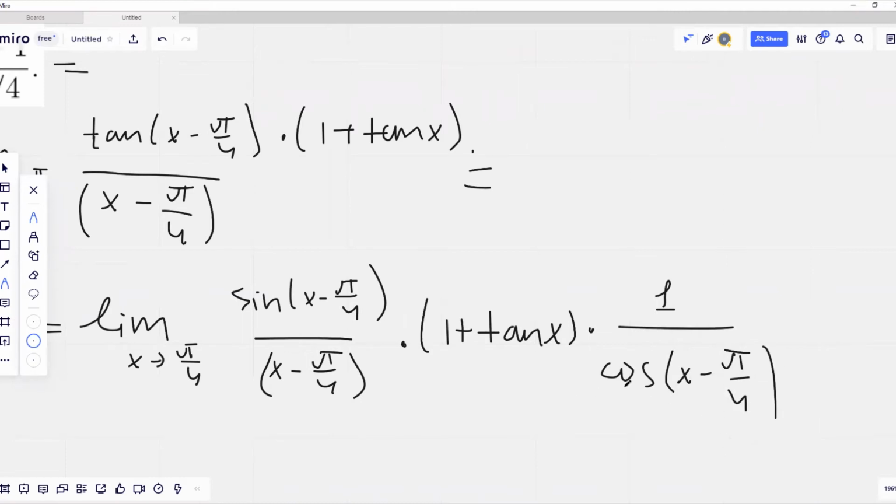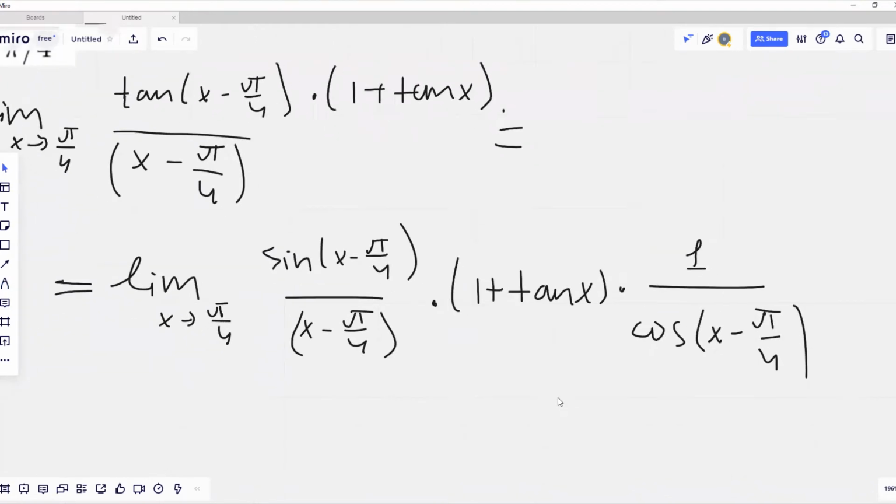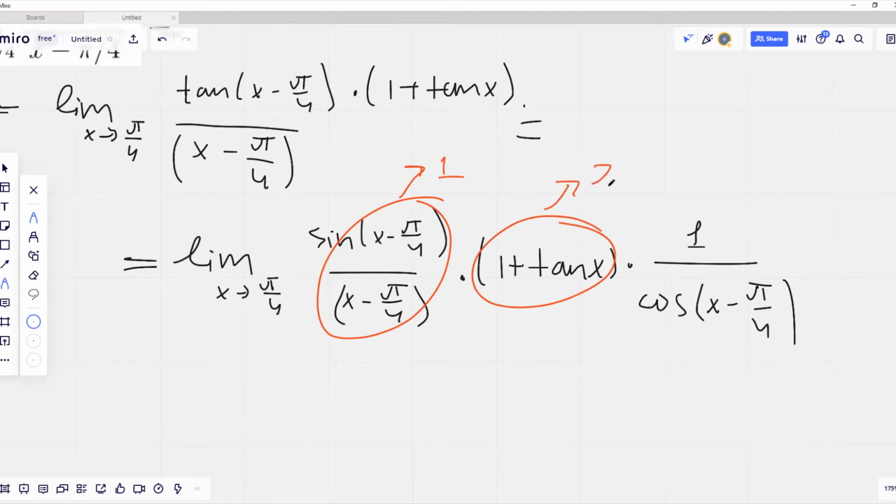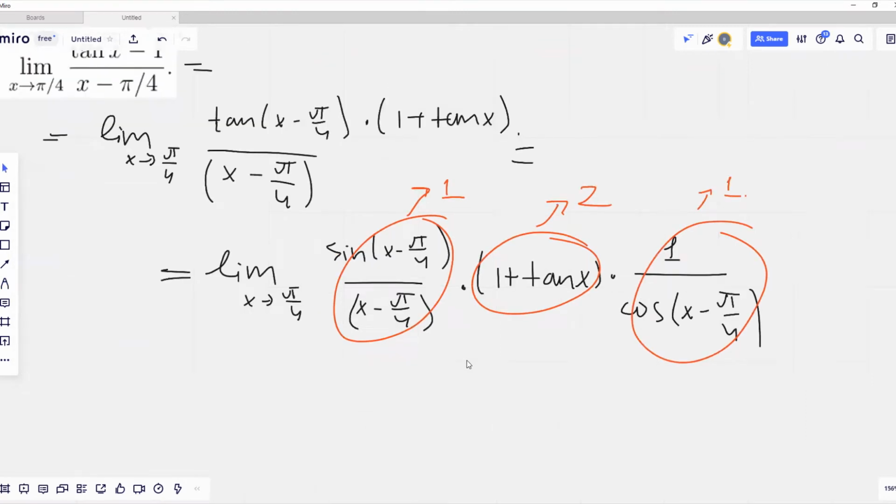Again, this term is fine. If we substitute pi over 4, we'll get 1. So no danger here. Right now, this limit is equal to 1. This limit is equal to 2. This is also equal to 1. So the answer is then 2.